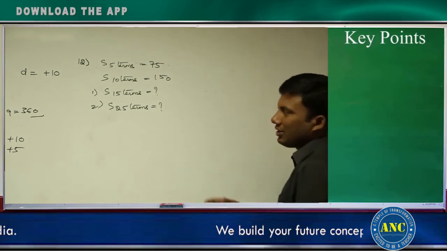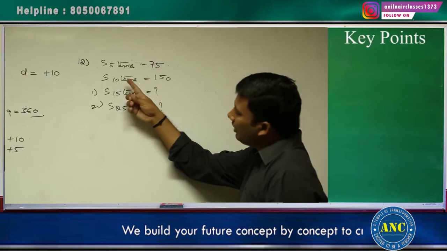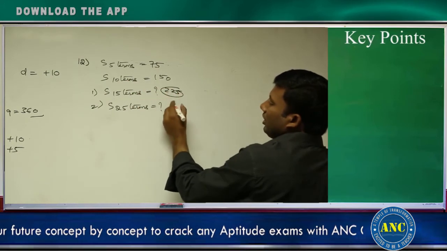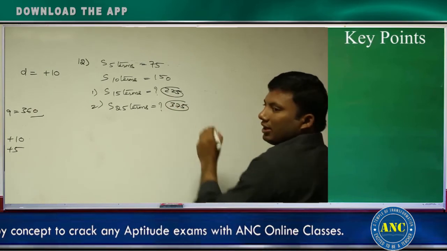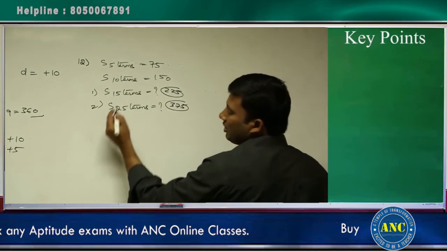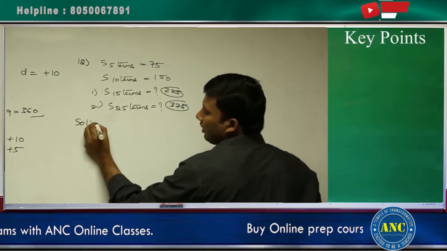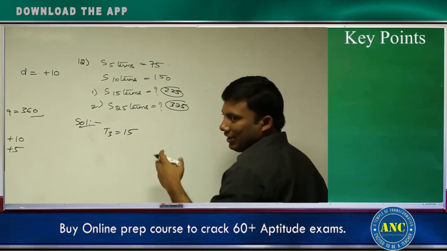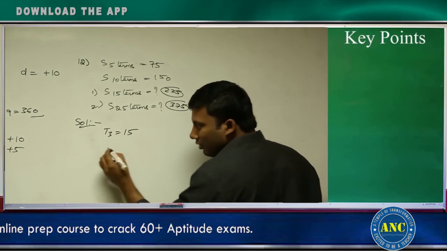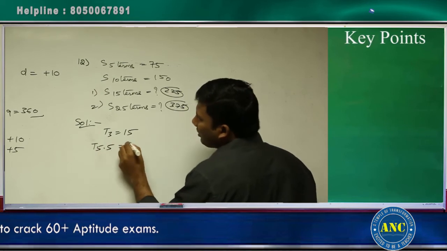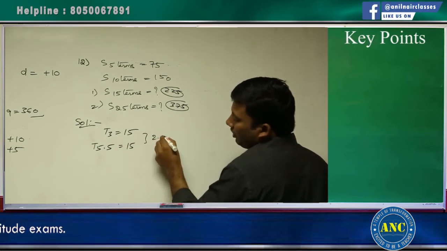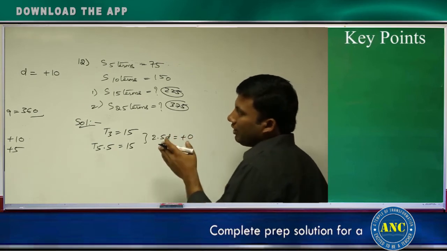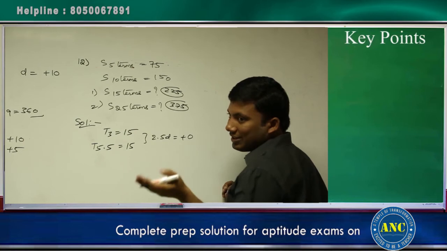Now, directly you can say 5 15s are 75, 10 15s are 150, 15 15s are 225, 25 15s are 375. If you want the mathematical explanation: 5 terms is 75, 2 to the left, 2 to the right, T3 is equivalent to 15. 10 terms, 5 to the left, 5 to the right, T5.5 is 15, 2.5D will give 0. 15 terms, 7 terms to the left, 7 terms to the right.